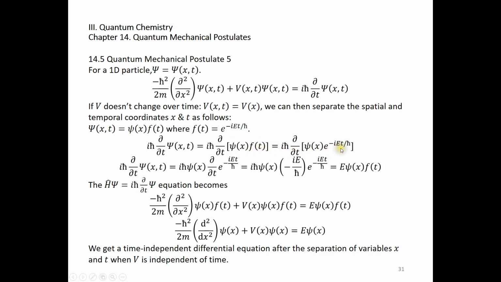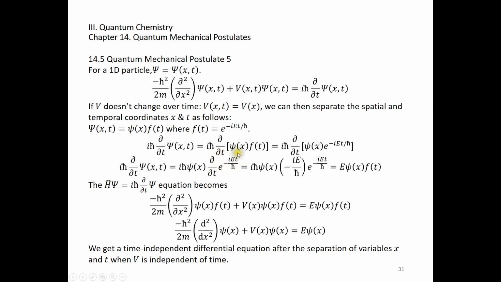Just because psi of x is independent of time, we can take this out of this derivative operation. So we have i h bar psi of x and then delta over delta t operator being applied to this f of t. f of t is e to the power of negative i E t over h bar.